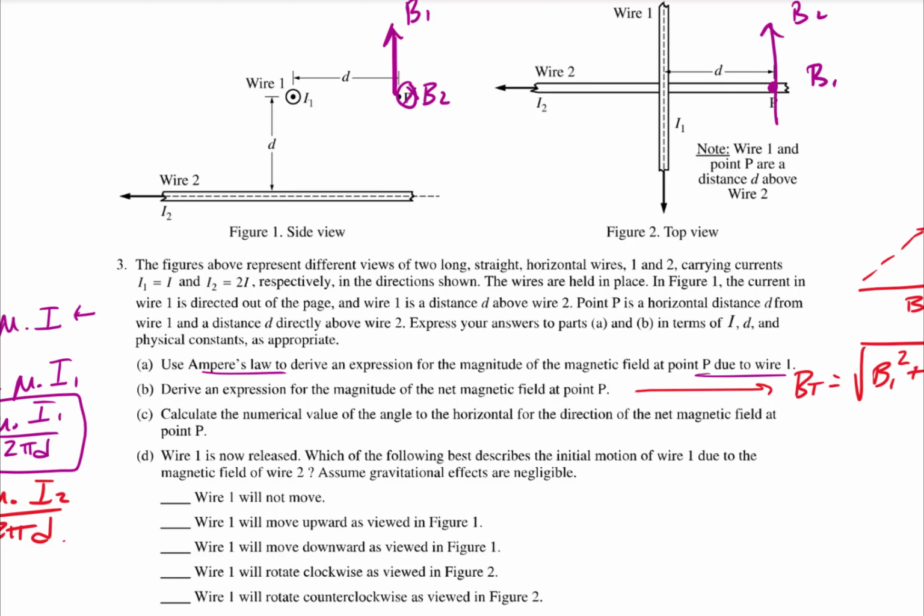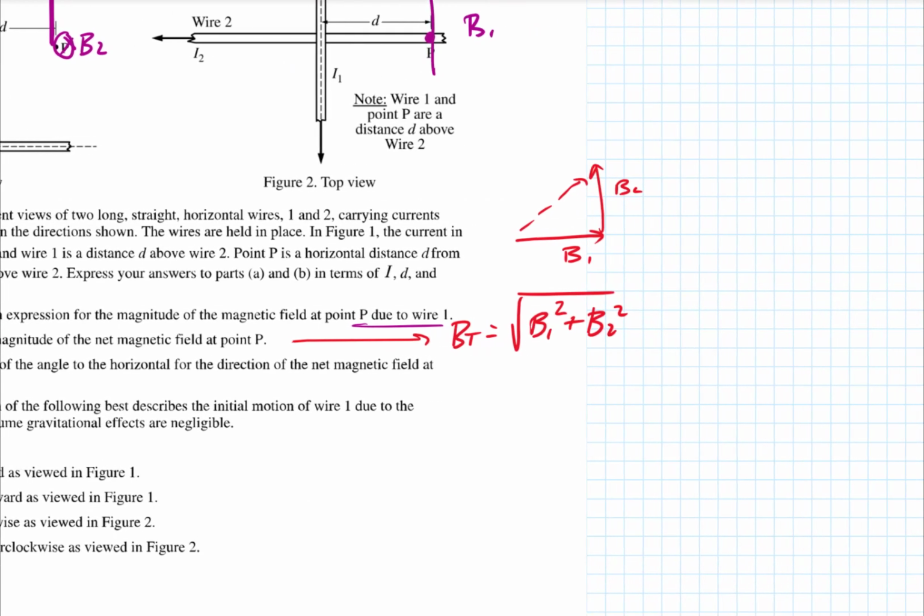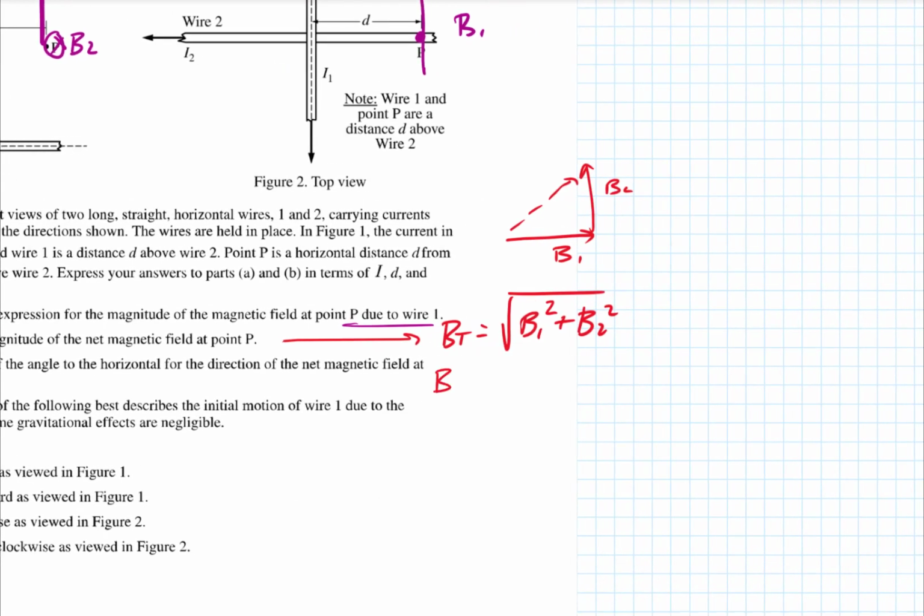I want the hypotenuse of that. So my total magnetic field is going to be the square root of mu 0 I1 over 2 pi d, squared, plus mu 0 I2 over 2 pi d, whole quantity squared.